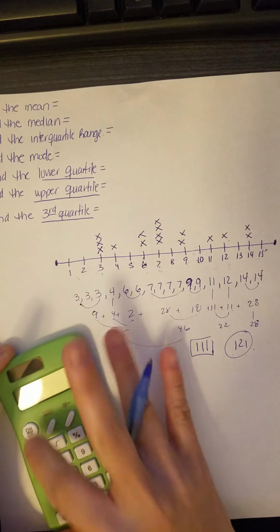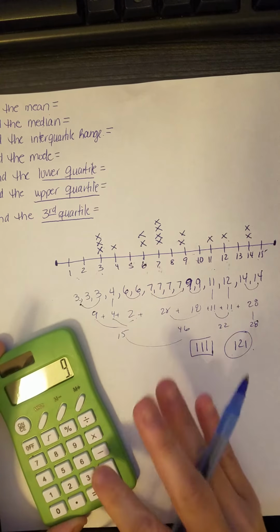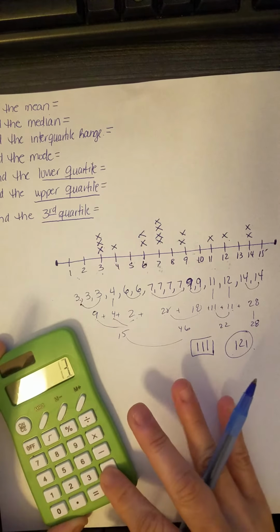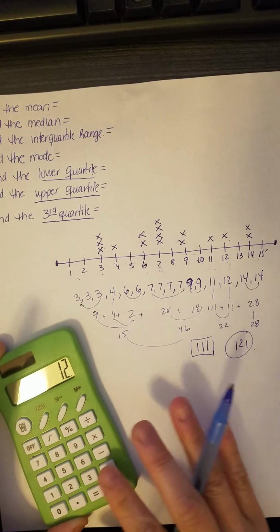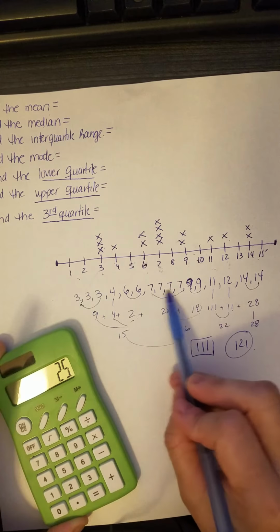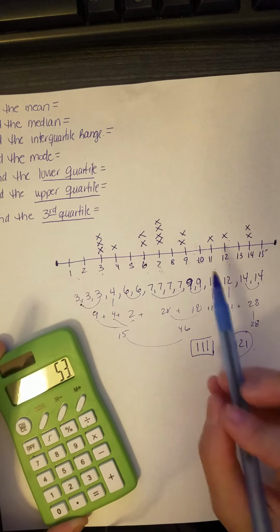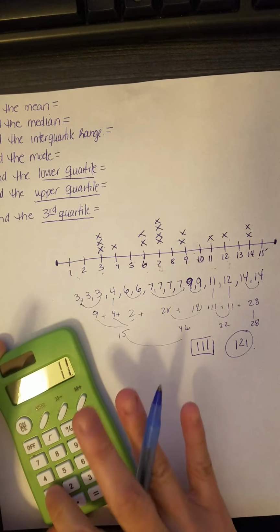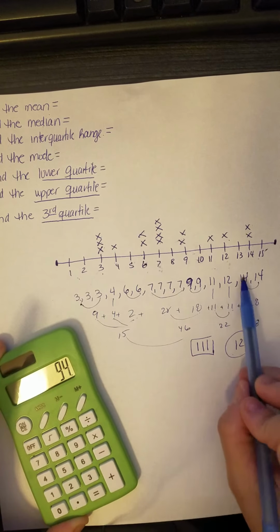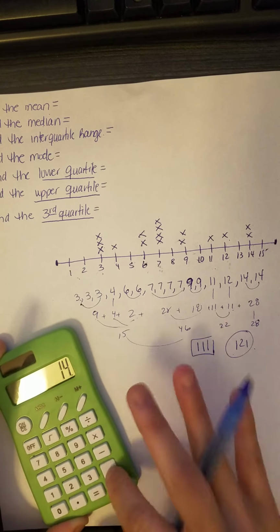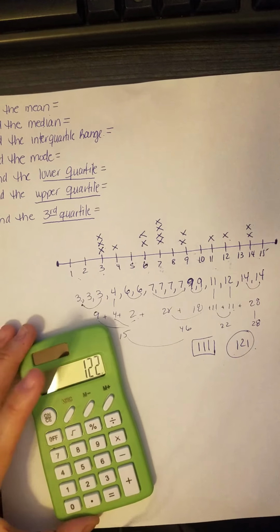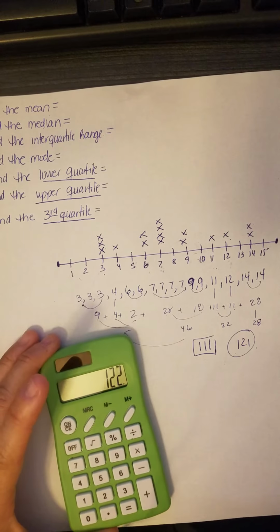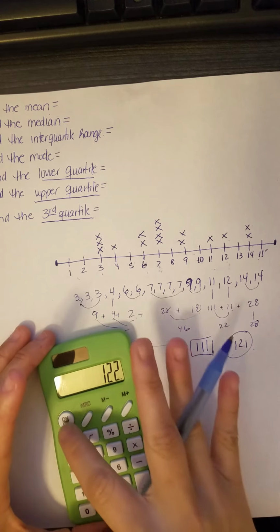I'm going to do it again. 3, 3, 3, that's 9, plus 4, plus 6 and 6 is 12, plus 7 times 4 is 28. 9 and 9 is 18. 11, 12, 14, 14. This one says 122. Oh, geez. All right. So everyone is making mistakes.